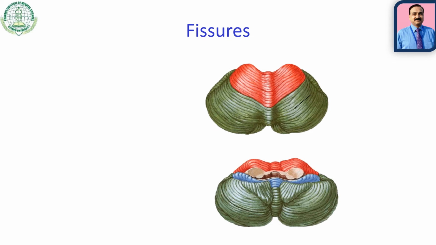Now coming to the fissures of the cerebellum. There is a primary fissure, then there is a transverse or horizontal fissure, which you can see here. This is the horizontal fissure, and the third fissure is the posterolateral fissure, which you can see here.